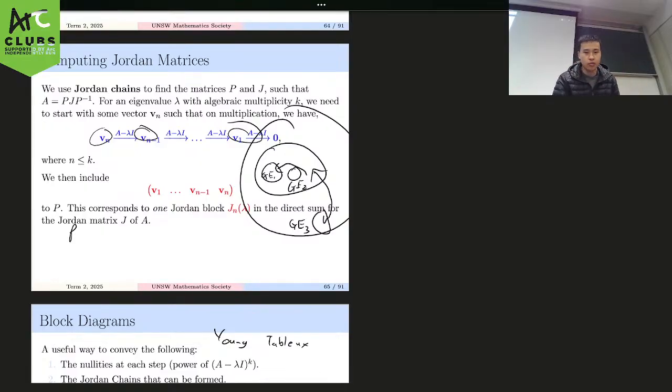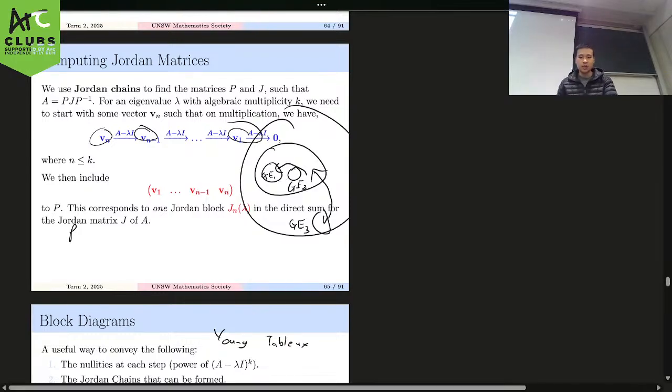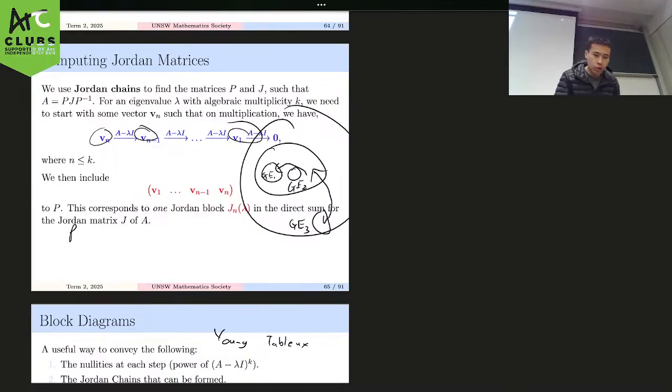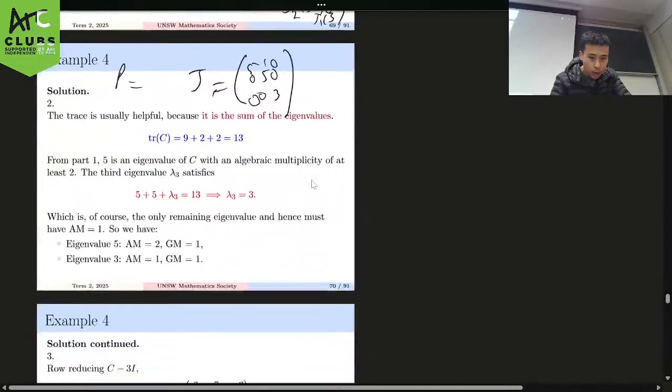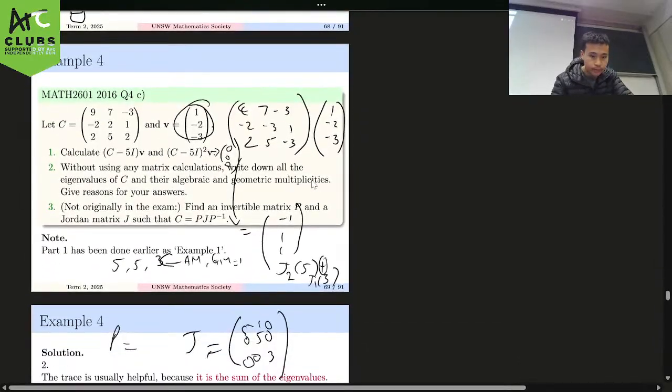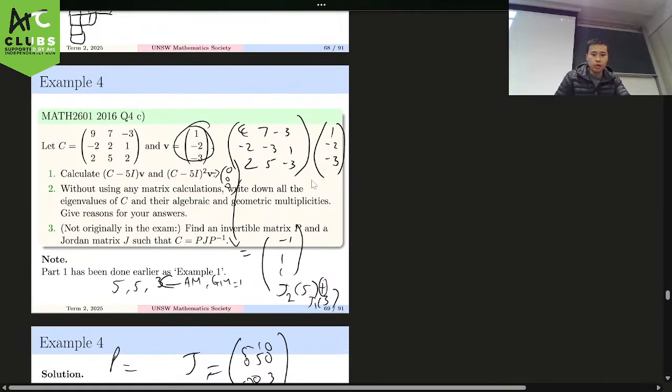If you started here and you did it twice essentially, and that's not going to be enough, it's not really a maximal length. So you basically have to ensure that your vector starts out big enough. We kind of have that here already, because all we care about is having a Jordan chain of length 2.